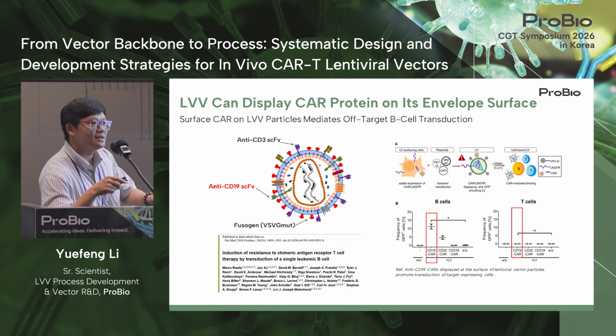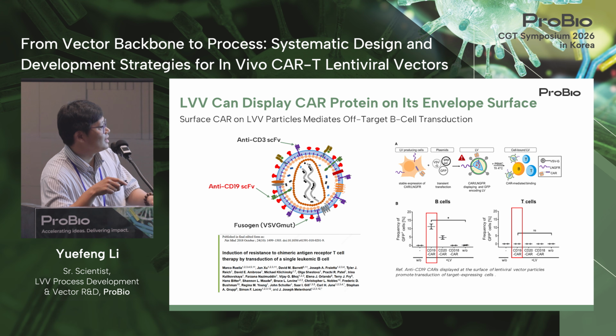So if we inject this kind of LVV into the patient's body, it will bind not only T cells, but also B cells, which are actually the cancer cells, and let the cancer cells also express a CAR, which will make a CAR B cell. This will mask the CD19 antigen in the cells and let the cells escape the cell therapy.